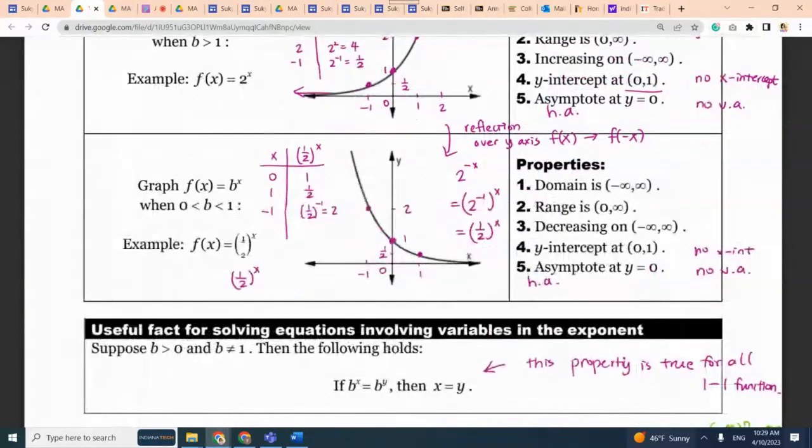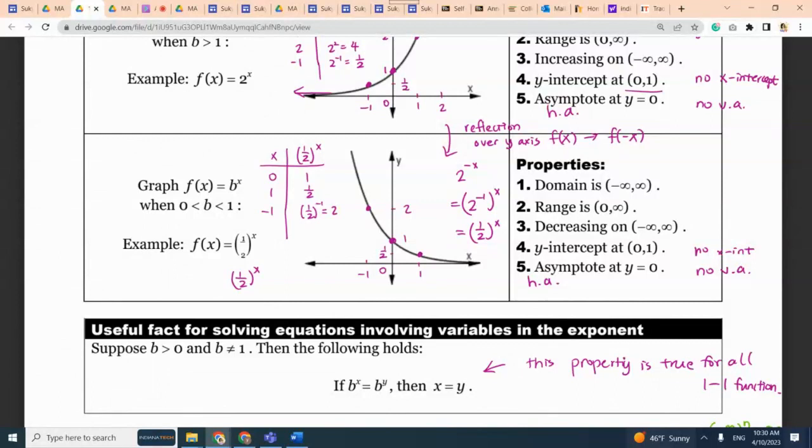Okay, next one. Useful facts for solving equations involving variables in the exponents. Suppose b is positive and b is not 1, then we have the following. If b to the x equals b to the y, then x equals y. This property is true for all one-to-one functions.